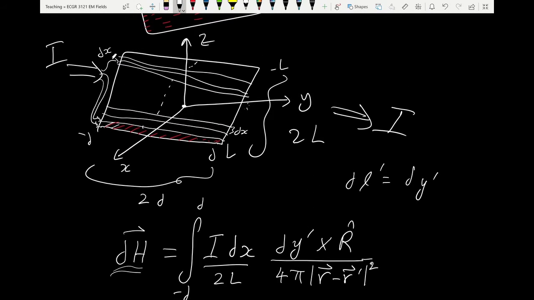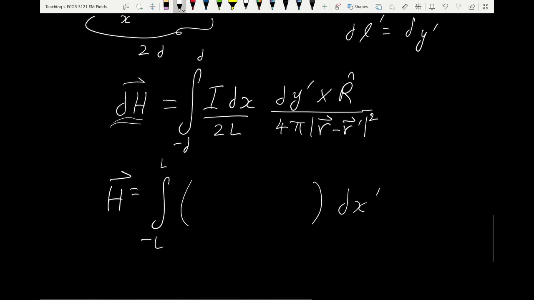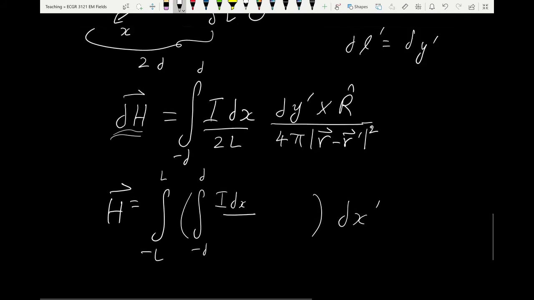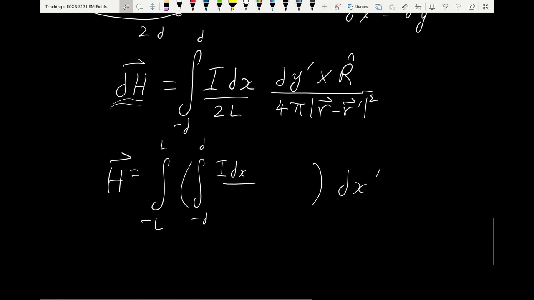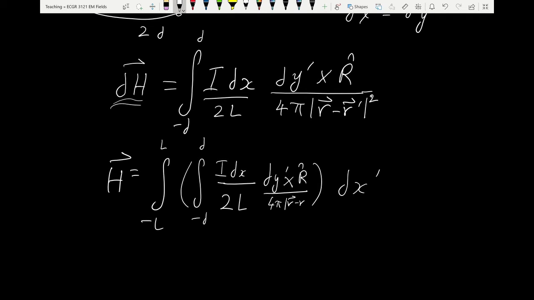I'm integrating this way, and then for each individual filament, I have this inner integral, minus d to d, I dx over 2L, dy prime cross r hat over 4 pi, r minus r prime, squared.